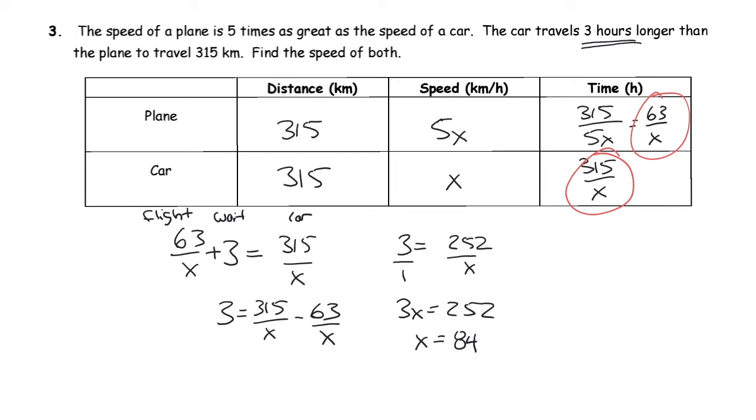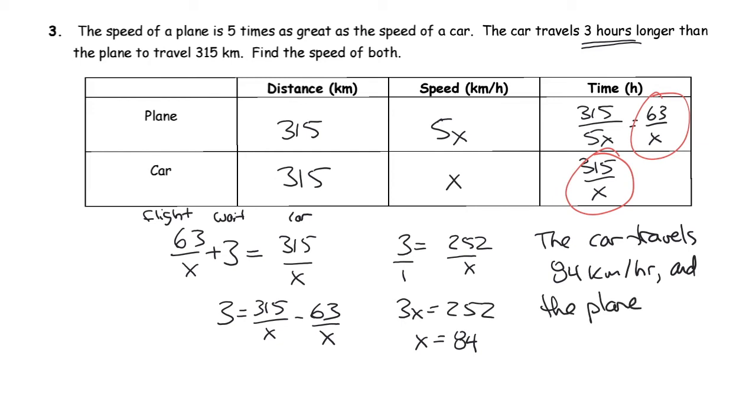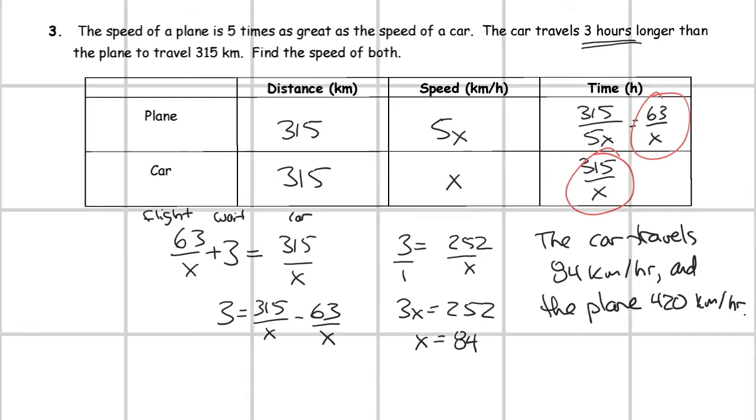I know that the car travels 84 kilometers per hour. And the plane is going to travel 5 times that, and 5 times 84 is 420 kilometers per hour. And there we go.